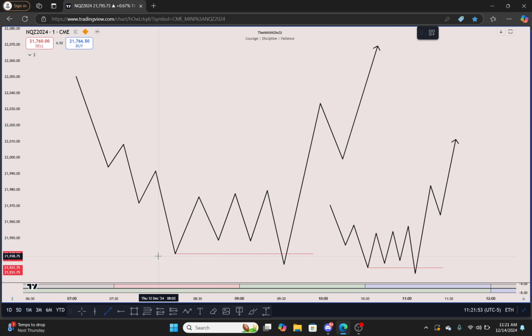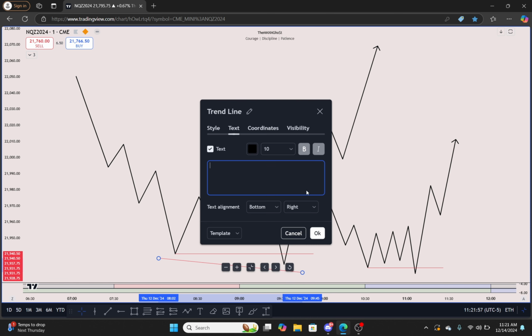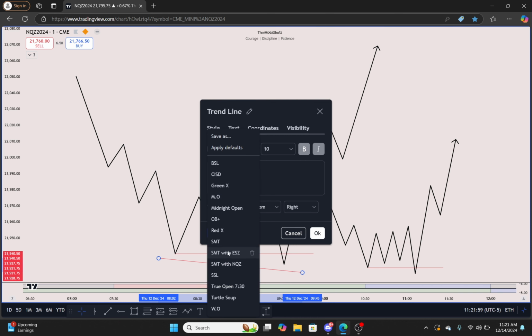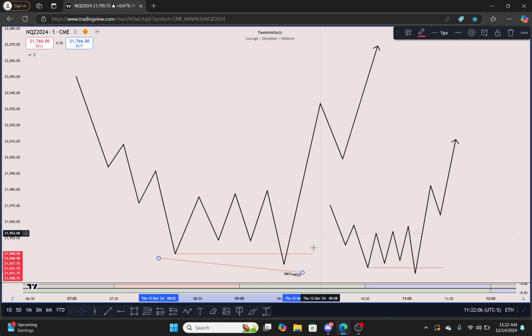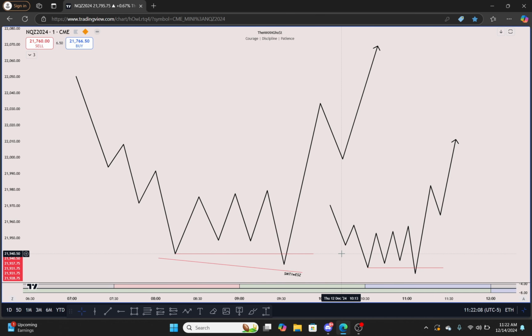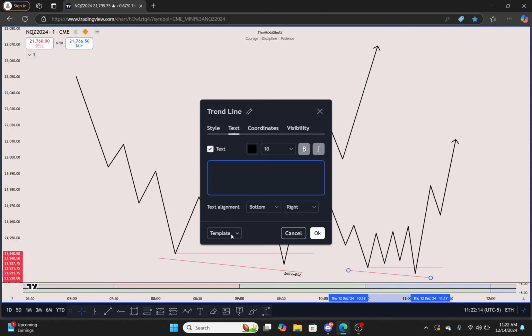when used with quarterly theory and SMT the correct way, I know most of you saw that execution and you saw that I had SMT drawn out, and probably wondered to yourself, there is no SMT on these lows that day for ES and NQ.